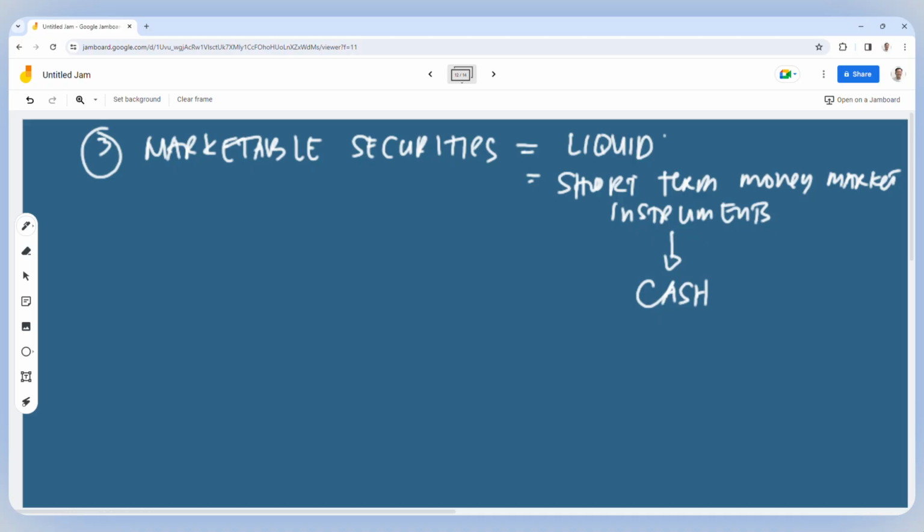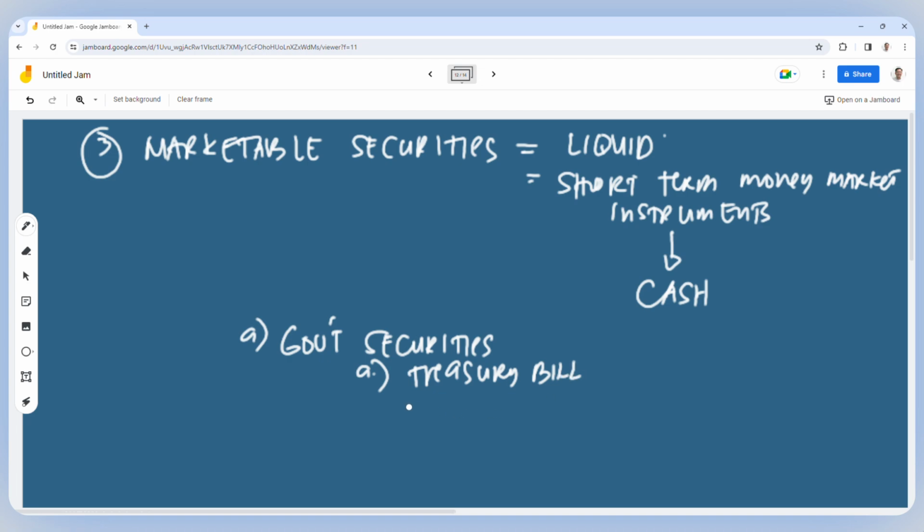So, ano yung mga sample ng marketable securities? Letter A, yung mga government securities, di ba? So, ano yung mga government securities? Alright? You have your treasury bill. What else? You have also here mga certificate of time deposit or mga CB bills, no?